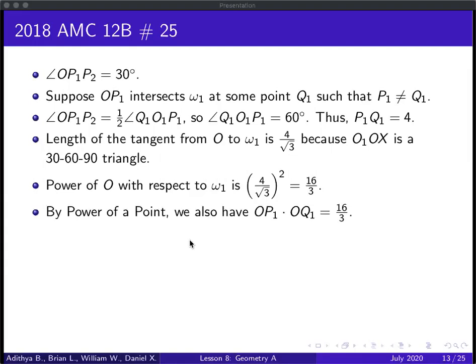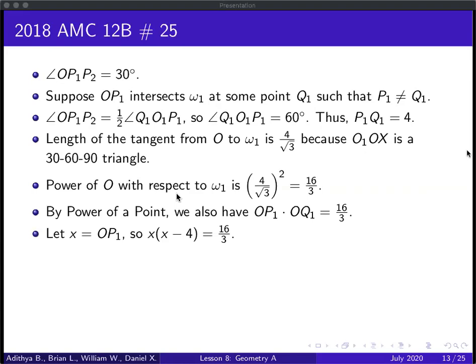Now this power is also equal to OP1 times OQ1, because that's what we said earlier. If we let x equal OP1, then OQ1 is x minus 4 because P1Q1 is equal to 4.